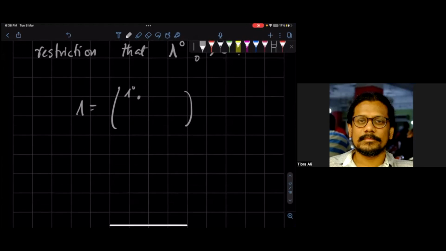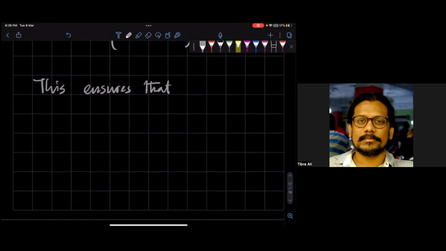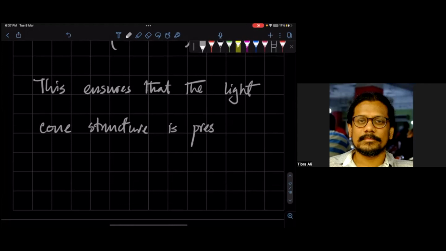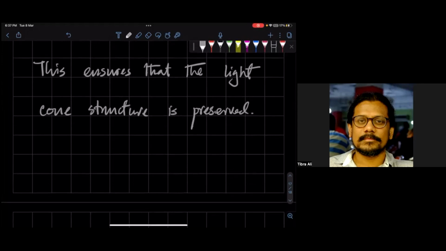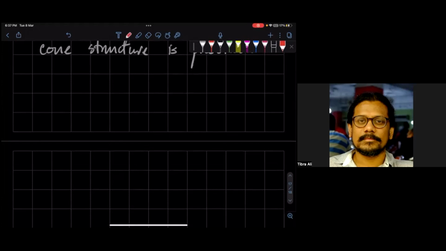Why? This ensures that the light cone structure is preserved. I'm going to unpack this statement. Remember that in special relativity, for every event we have a light cone structure.